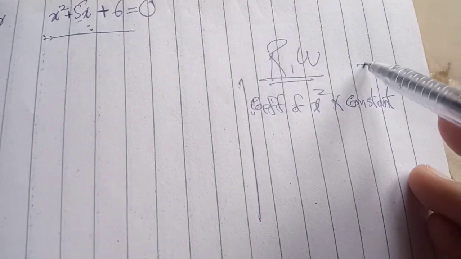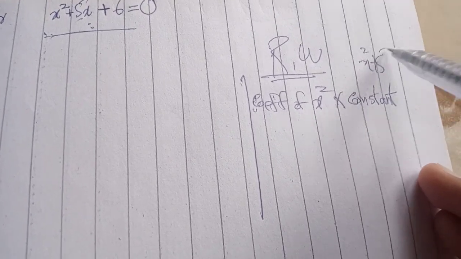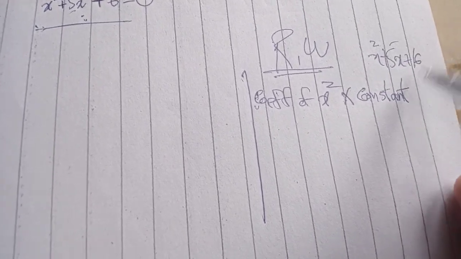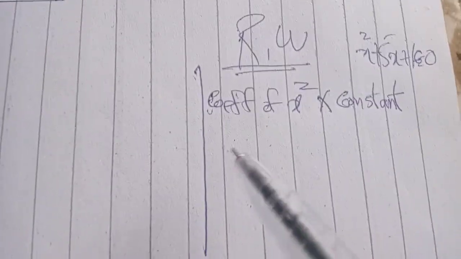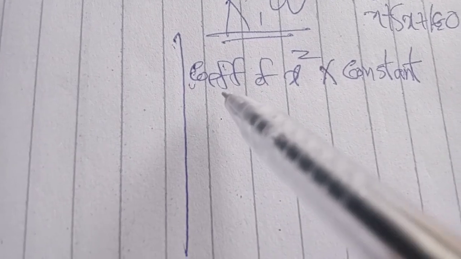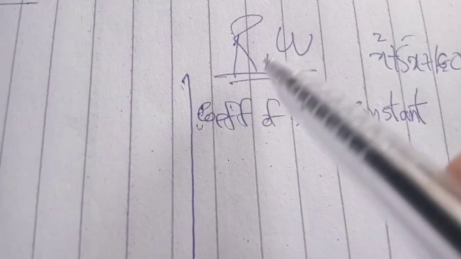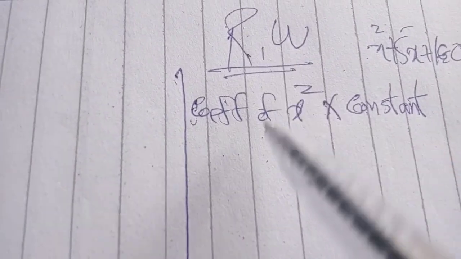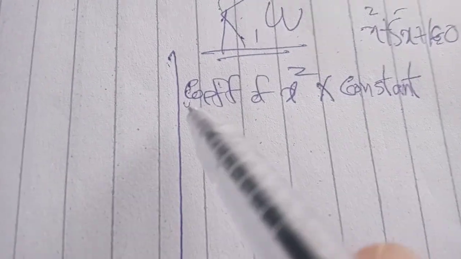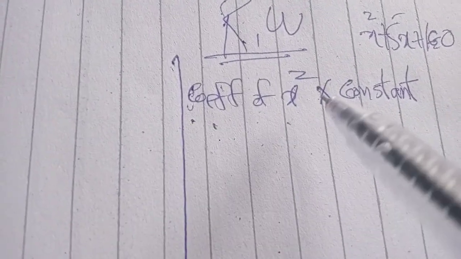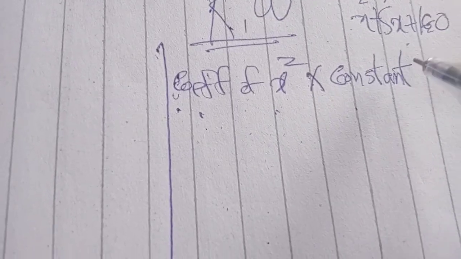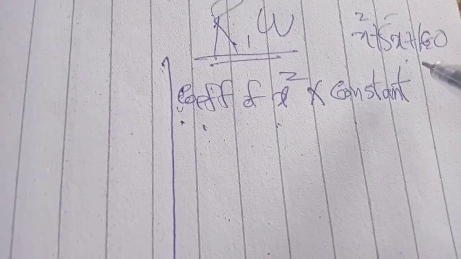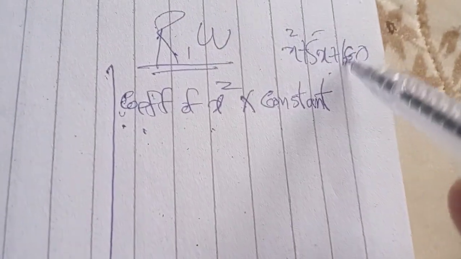I'm writing the question here also, for avoiding the left-right confusion. So we create a rough workspace where we multiply the coefficient of x squared with the constant which is included in our question. Okay, it is 6.